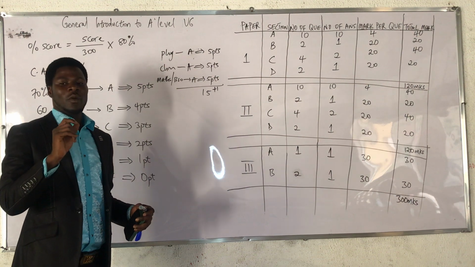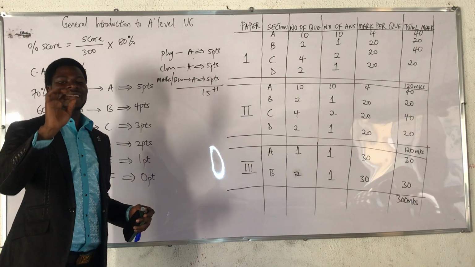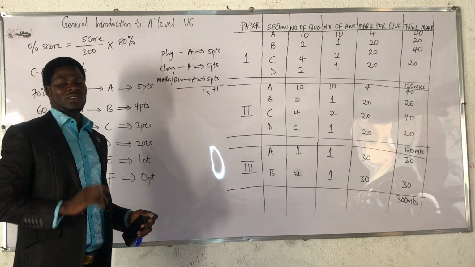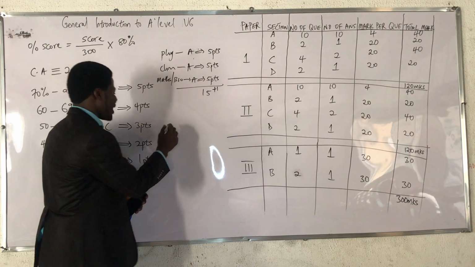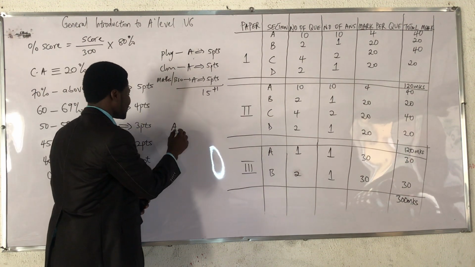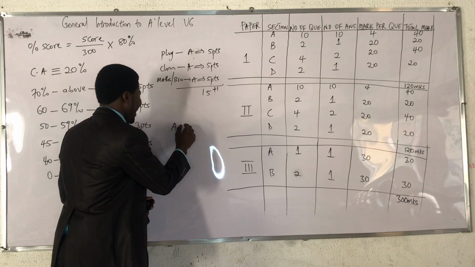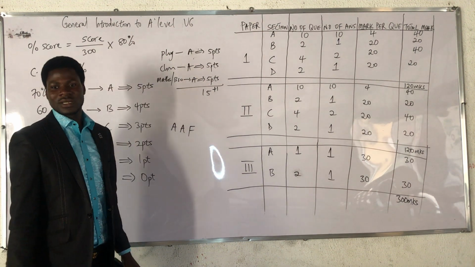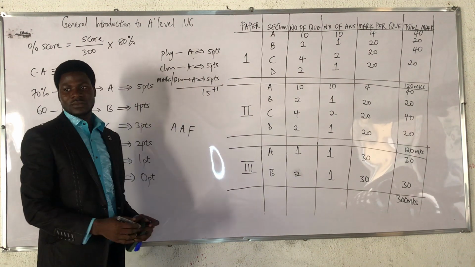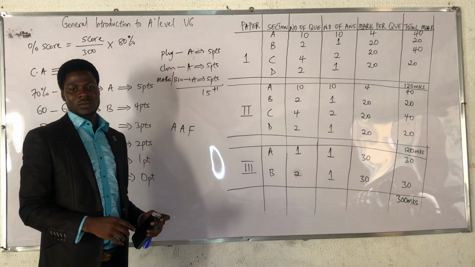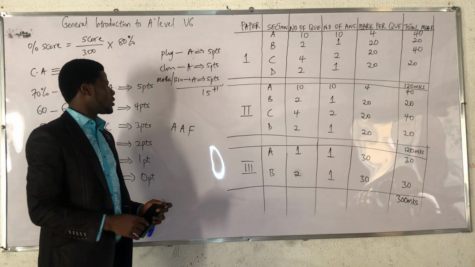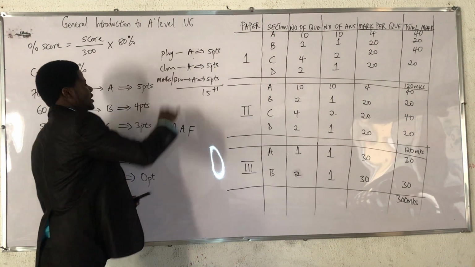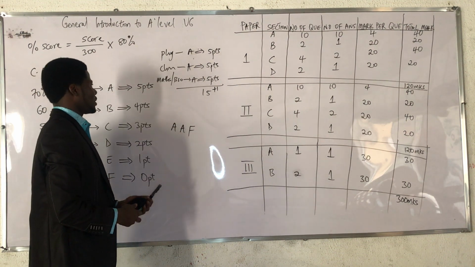But the moment a student has F, they won't give you that 1 point. Let's say a student has A in physics, A in chemistry, F in maths. This is just 10 points. They won't give you that 1 point. Right? So total obtainable point is 16. Okay?